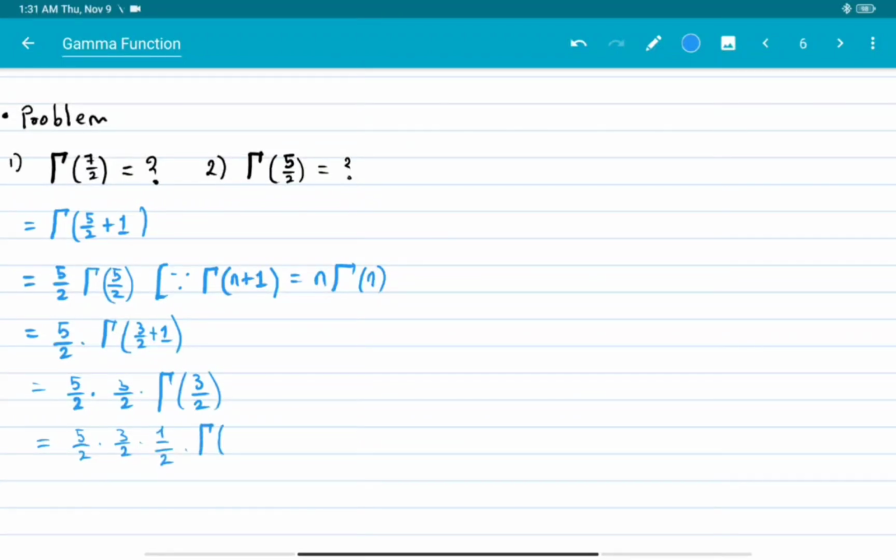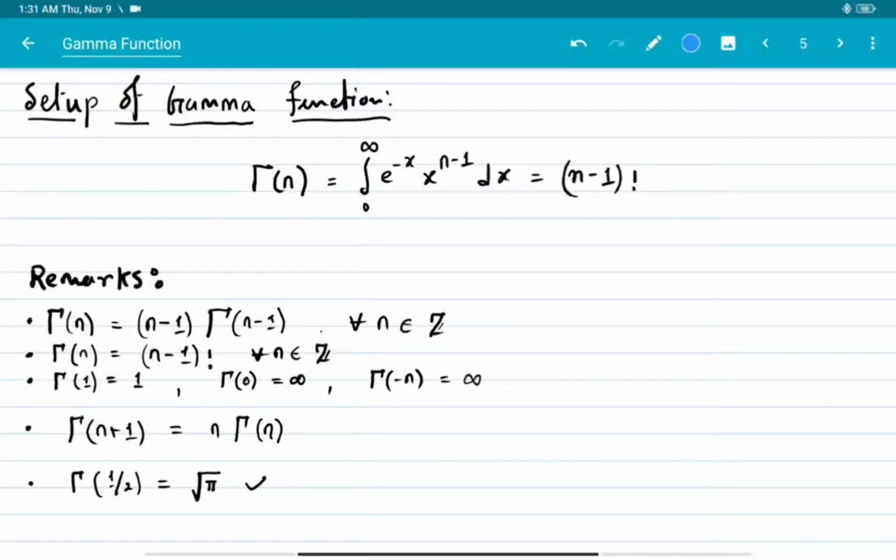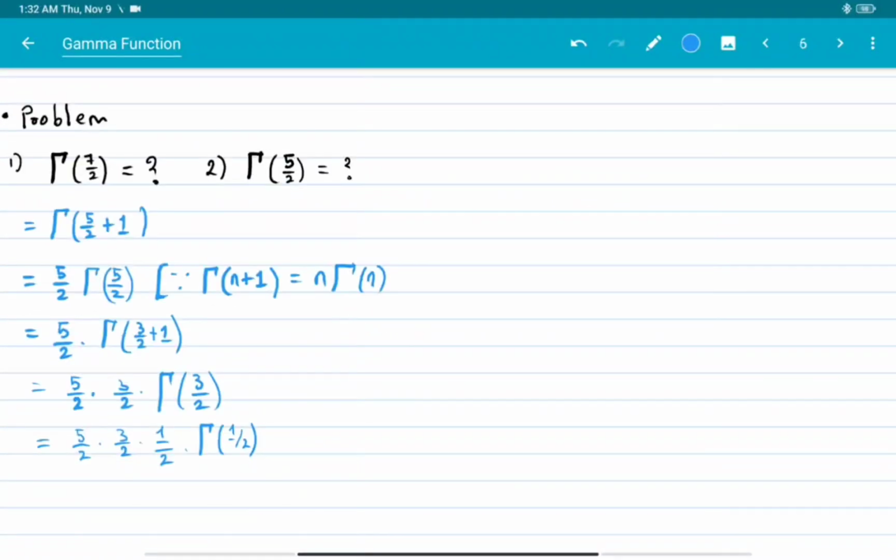This process goes up to 5/2 times 3/2 times 1/2 times gamma of half. In the previous page I introduced that gamma half equals root pi. So it will be 3 times 5, 15, over 2 cubed, that is 8, times gamma half, that is root pi.